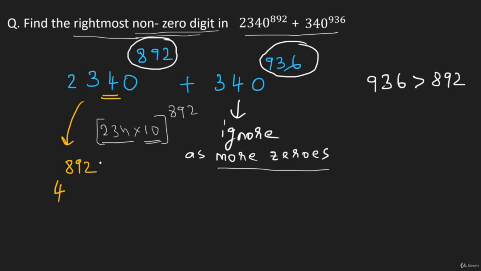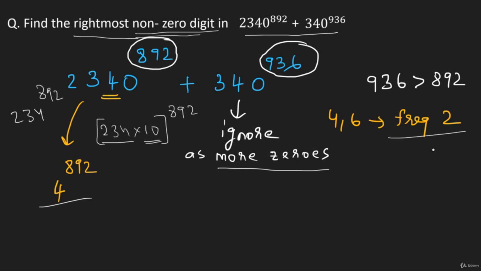Unit digit depends only on the unit digit. So whether I take 234 to the power 892 or 4 to the power 892, both will have the same unit digit. So I just need to find the unit digit of 4 to the power 892, and we know the frequency for 4 is 2, because 4 to the power 1 is 4 and 4 to the power 2 is 6, and again it repeats as 4, 6, 4, 6, like that.